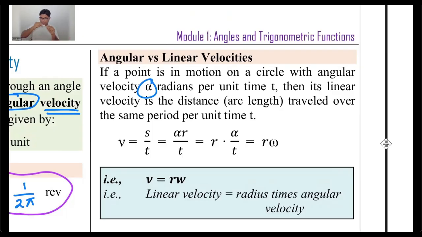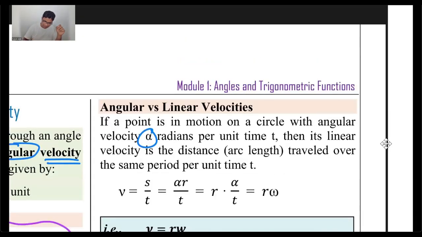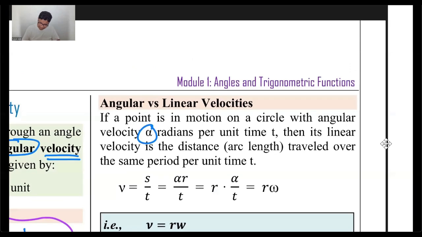Actually, I should explain this with a diagram. What's going to happen is if you are on that circle, in a given time, in 1 second, you are going to make that angle alpha rotation.